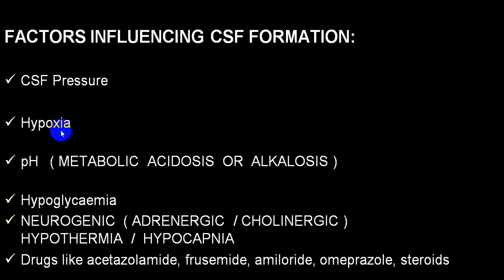Hypoxia will produce vasodilatation, will increase the cerebral blood flow and will increase CSF formation. Acidosis will also increase vasodilatation. Hypoglycemia will also increase vasodilatation. And there are other factors like adrenergic and cholinergic factors, hypothermia, hypocapnia.